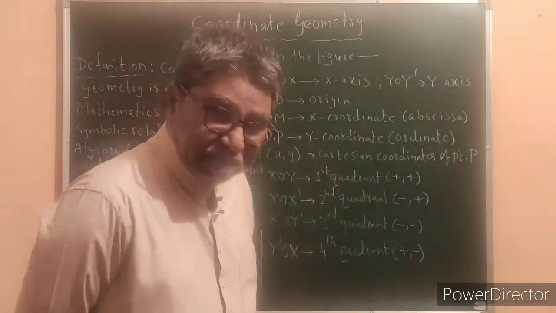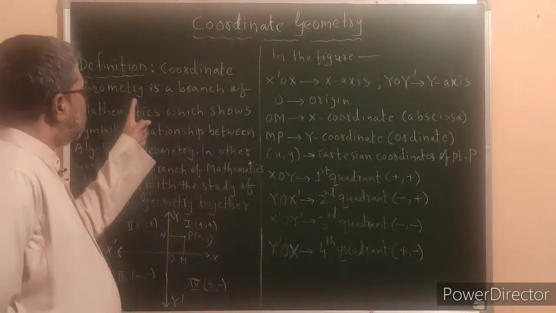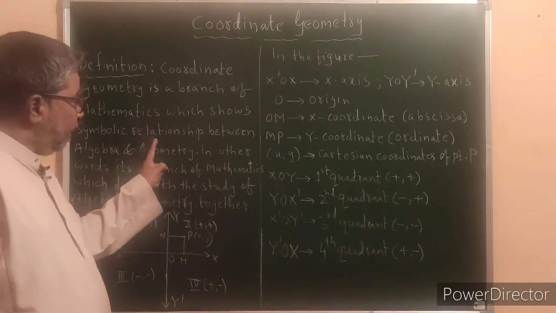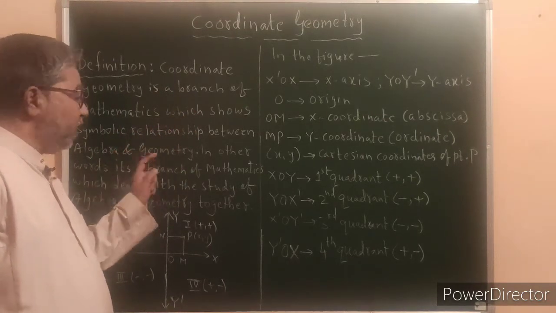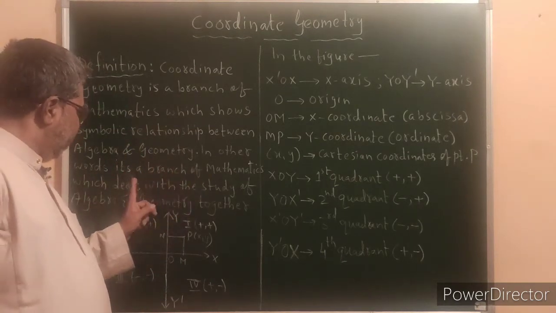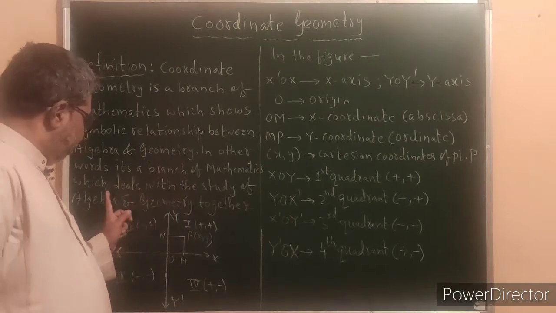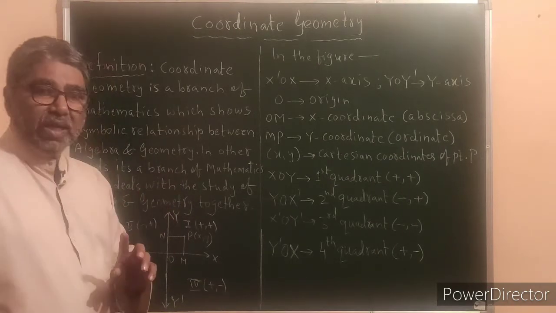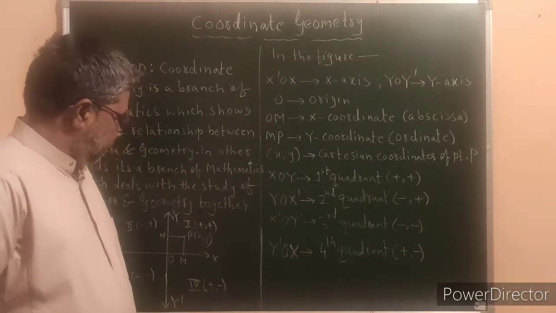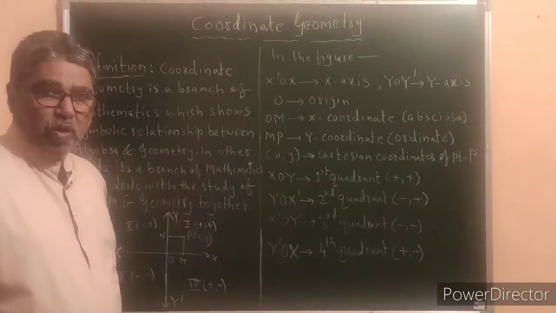In other words, it is defined as a branch of mathematics which shows the symbolic relationship between algebra and geometry, or which deals with the study of algebra and geometry together, as I said earlier. Now this is the definition of coordinate geometry.